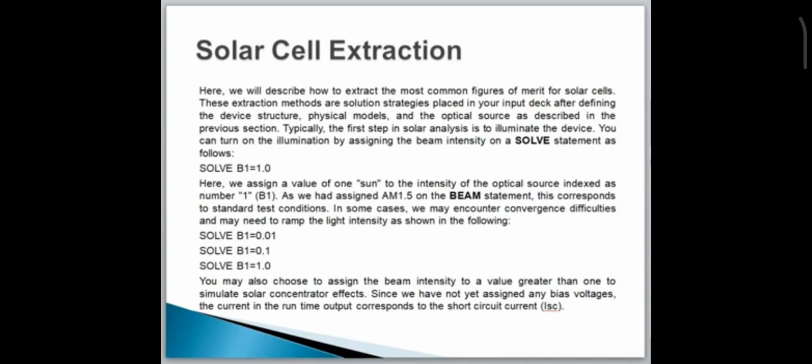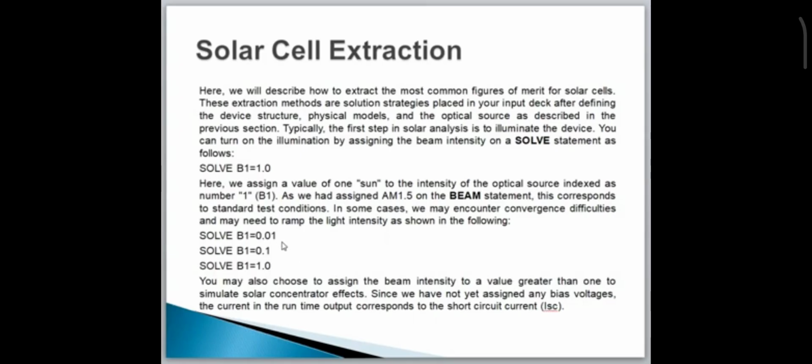In some cases, we may encounter convergence difficulties and may need to ramp the light intensity as shown in the figure. SOLVE B1=0.01, 0.1 and 1.0. If you find a convergence problem in your code, then you must define the light intensity using the ramp function.